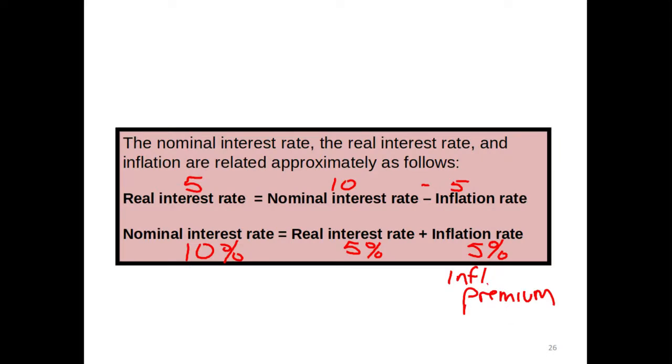This is important to know because we always want to be putting our money in places where it's going to grow, where we're going to be able to buy more at the end of that period than at the beginning. So real interest rate is nominal minus inflation rate, and nominal is real interest rate plus the inflation rate.